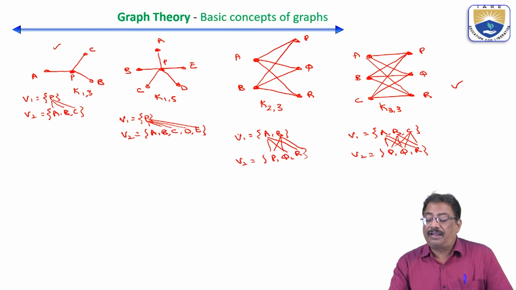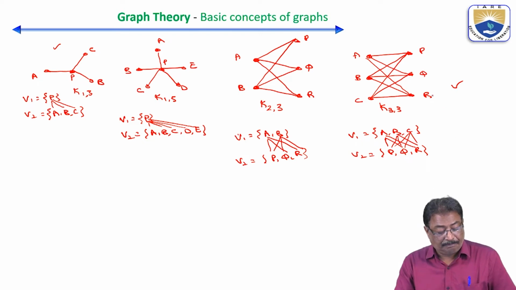The order of this graph is 3 plus 3, that is 6, and the size of this graph is 3 into 3, that is 9.